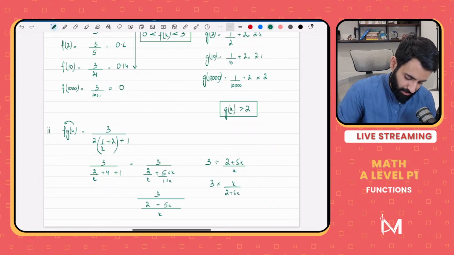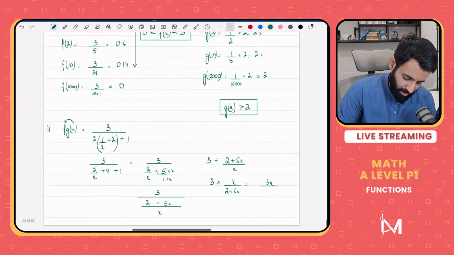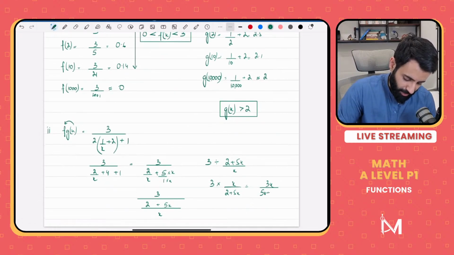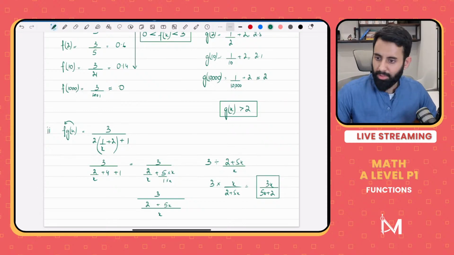Now what does this become? This becomes 3x over, notice the question said ax upon bx plus c, so that means 3x over 5x plus 2, and that is the answer. Okay, so not that difficult after all. Just make sure that you don't skip any steps.